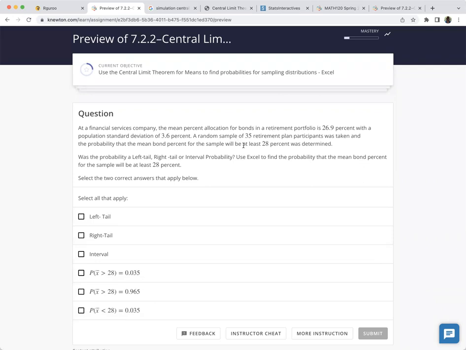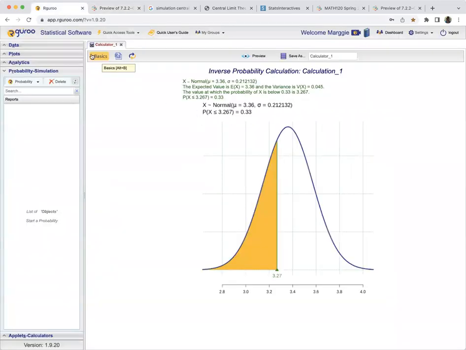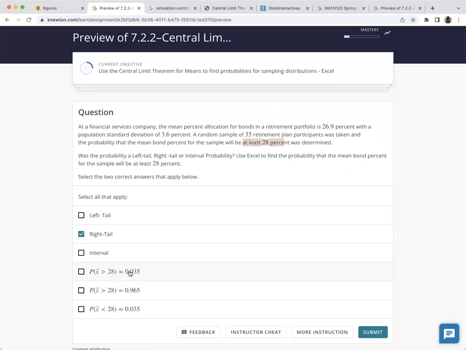So if it's at least 28, it's greater than or equal to, so this is a right tail because we're going to the right of 28. So it's going to be either this one or this one. And for that, we need to find the values that we need for RGuroo, right? So we go back here, we need the mean, we need the standard deviation, and then we are finding the probability.